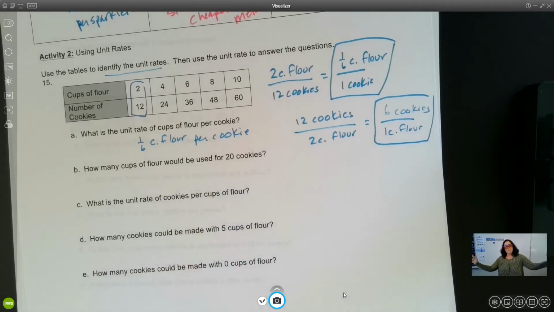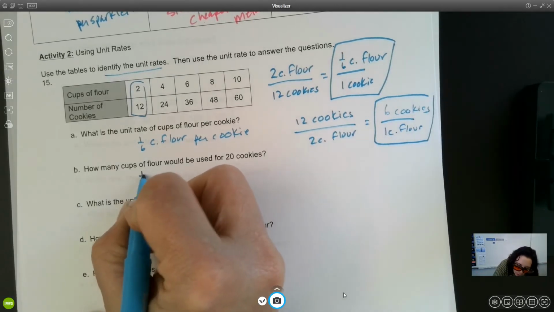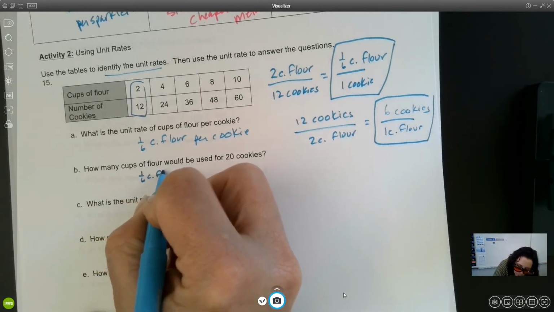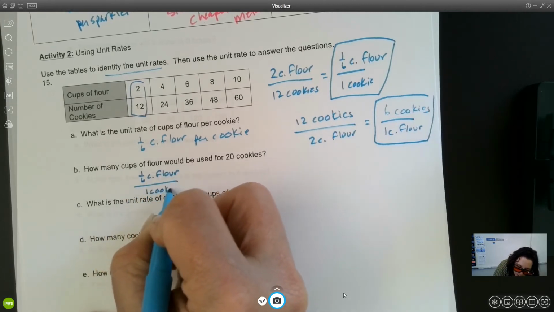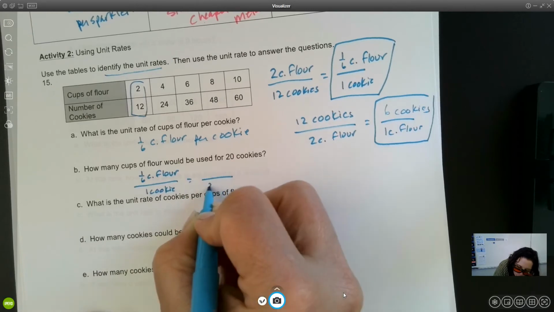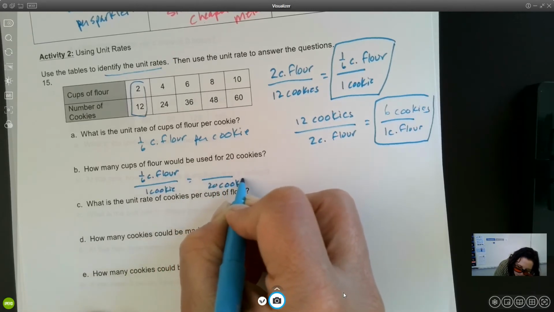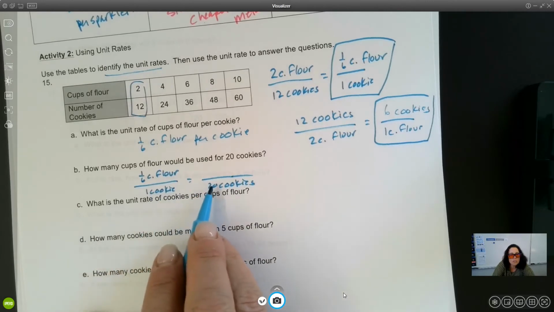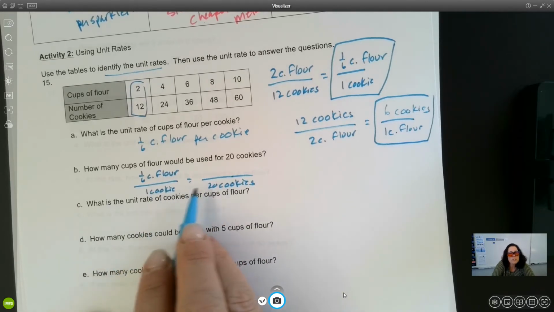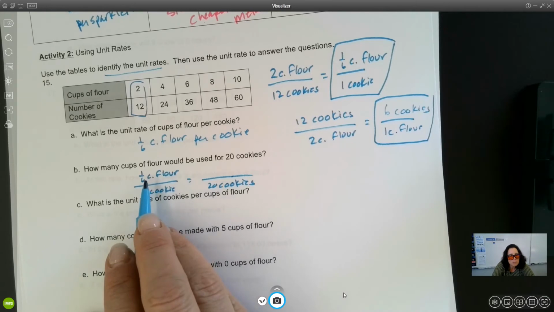Okay, if you know how much flour you need for one cookie, wouldn't you just take 1/6 cup flour for one cookie? If we're trying to find 20 cookies, what happens to this? 1 to 20. Aren't we multiplying by 20? So we would multiply this by 20. We would multiply that by 20.